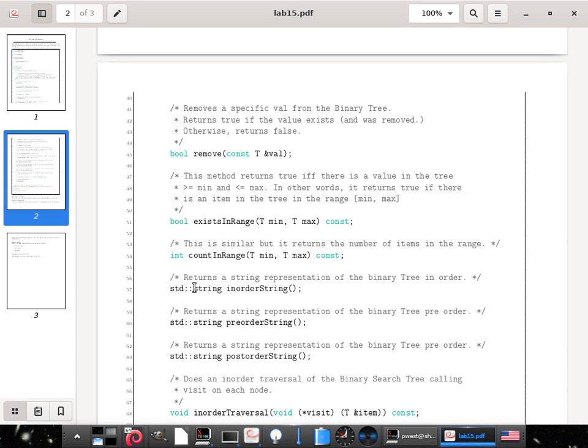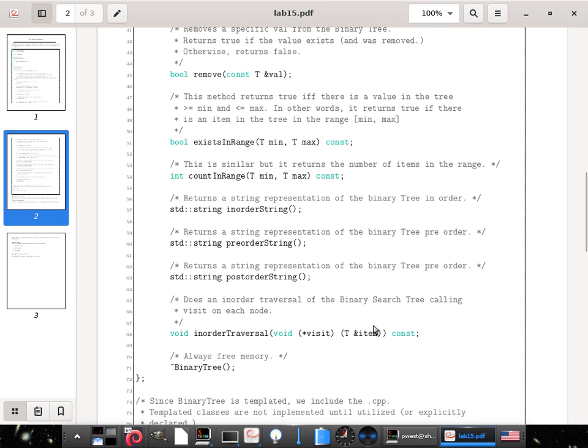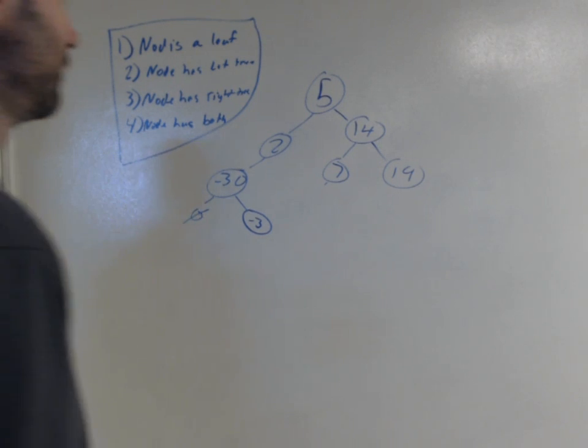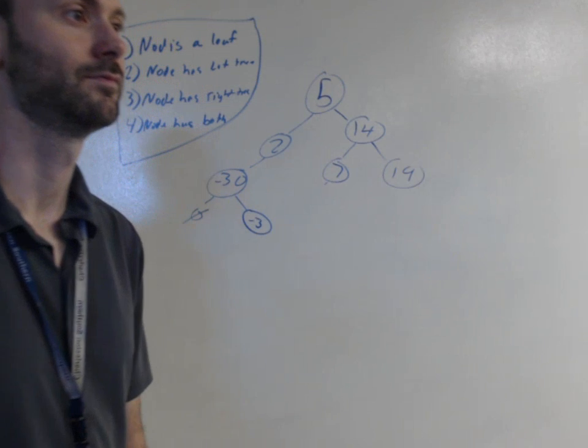Although you could also create your little count in range function to do in order traversal as well, with a special function. That might work as well. There are different ways to solve this problem. But that's the number. So in this example on the board, how many are between, what are we going to do, 2 and 15 inclusive? 4.